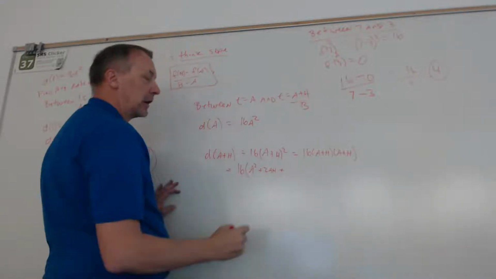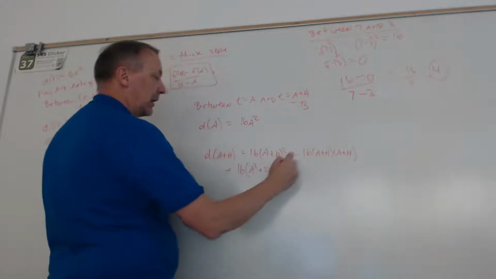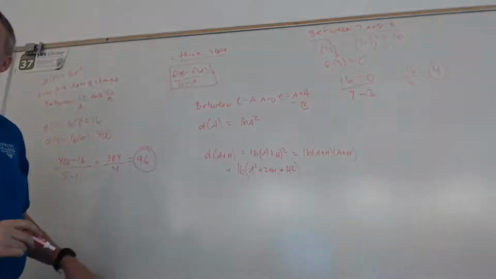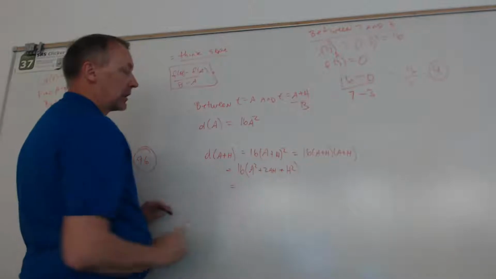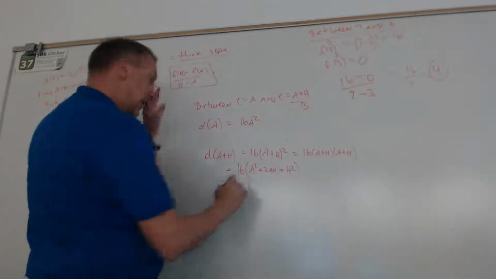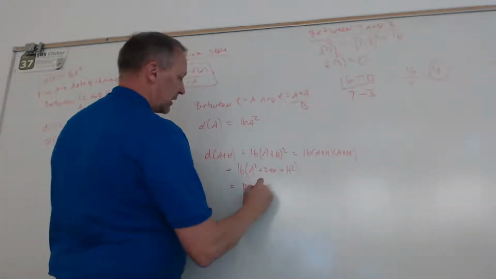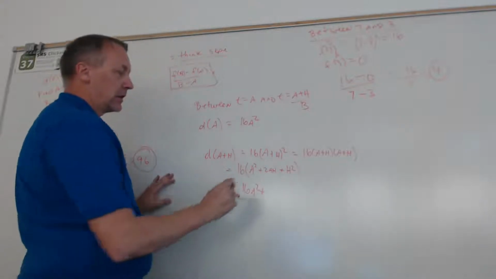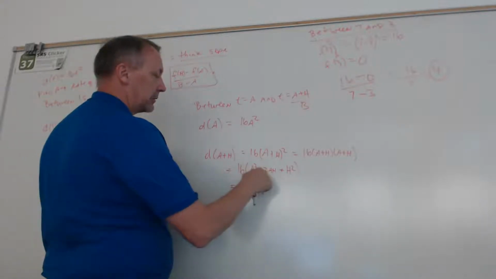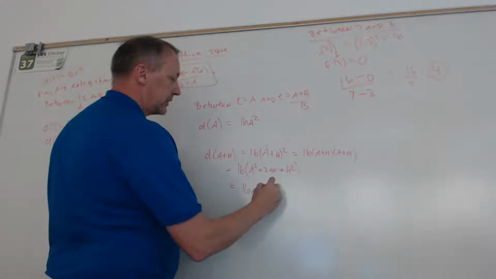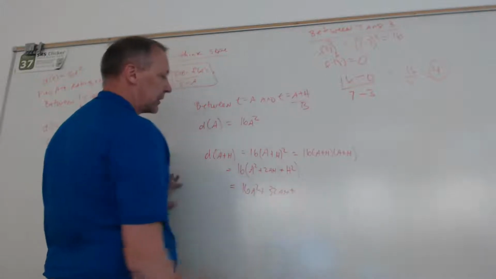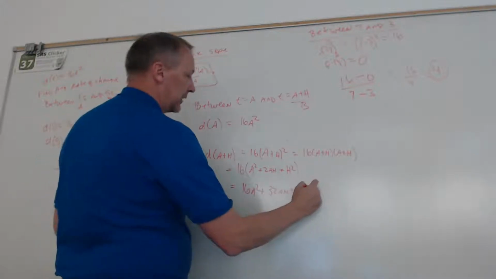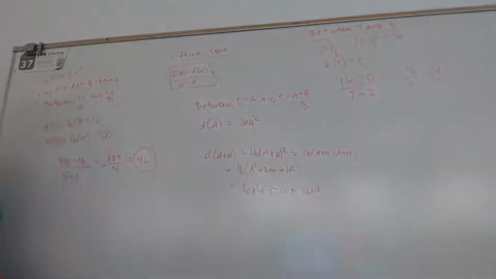Plus H squared, and then if I distribute my 16, I'm gonna get 16A squared plus 16 times 2 is 32AH plus 16H squared, okay?